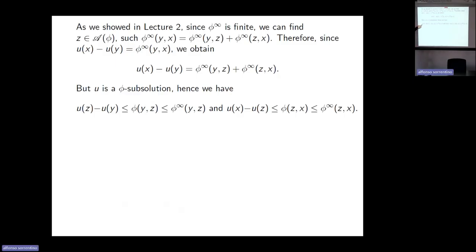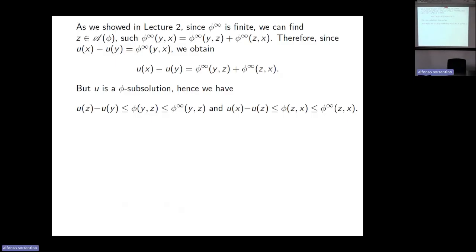But u is a subsolution, so uz minus uy is less than phi of yz, which is less than phi infinity of yz, and ux minus uz is less than phi zx, which is less than phi infinity of zx.